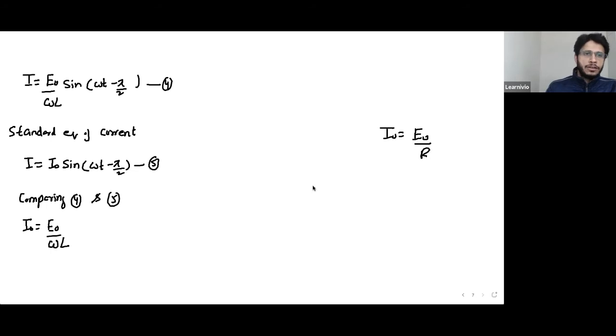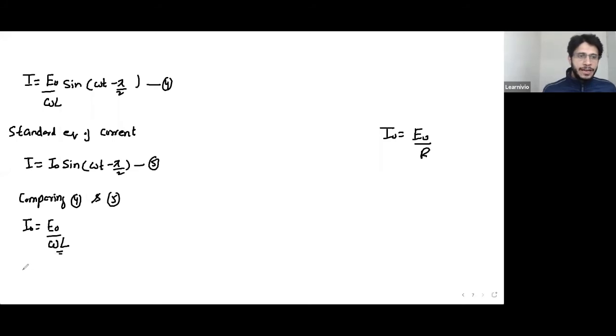Good, omega L. So in this circuit, this omega L is the analog of resistance. It plays the same role for the inductor that resistance plays for a resistor.